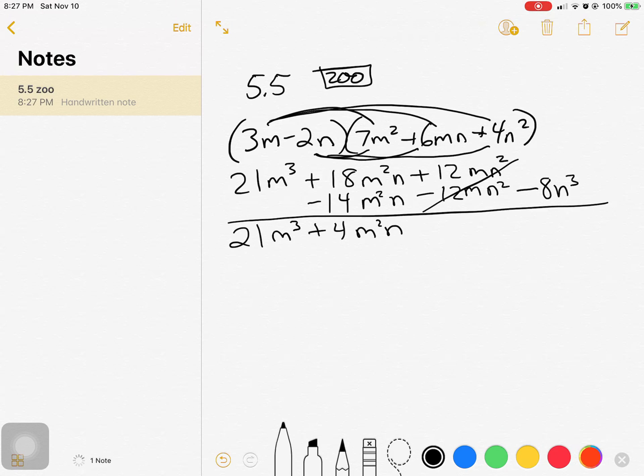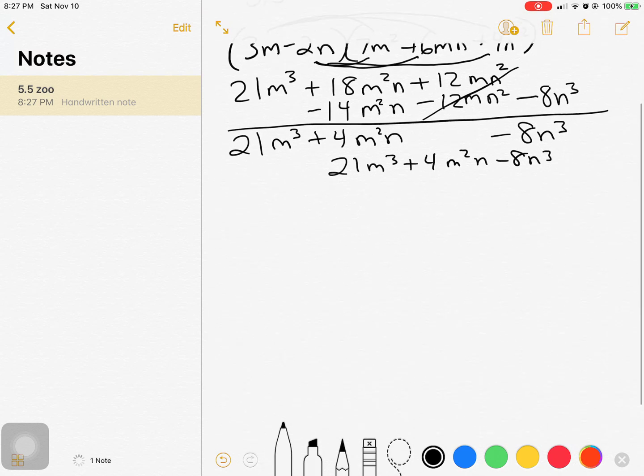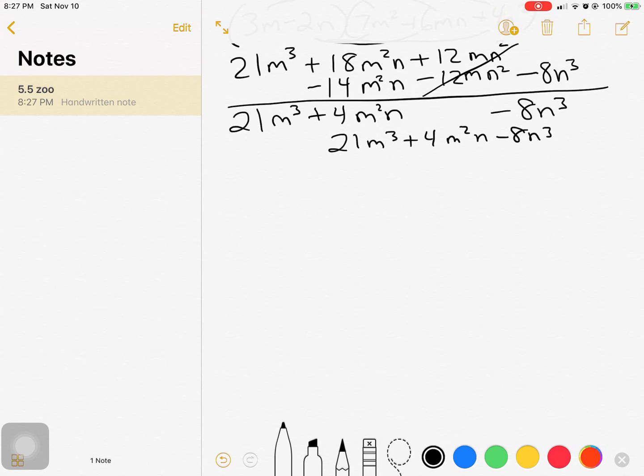This one went away altogether, and that's my final answer. You don't have to leave a space or anything. The final answer is 21m^3 plus 4m^2n, 8n^3. Okay, so that's just another way to do those.